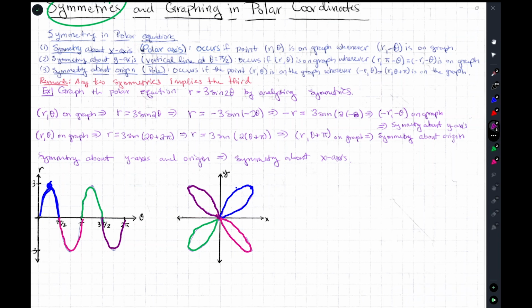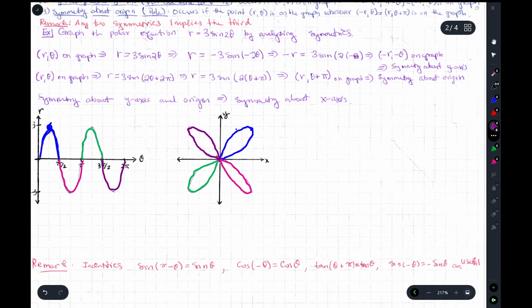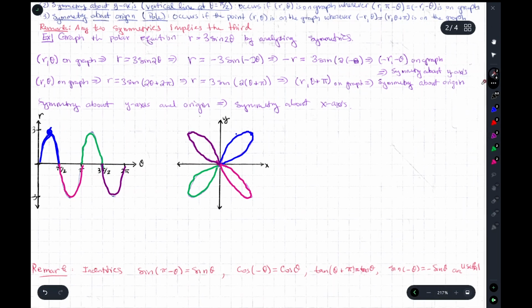Okay, and so that's how r, theta maps onto the xy. And I'll leave you with some useful properties here. Sine of pi minus theta is equal to sine theta.